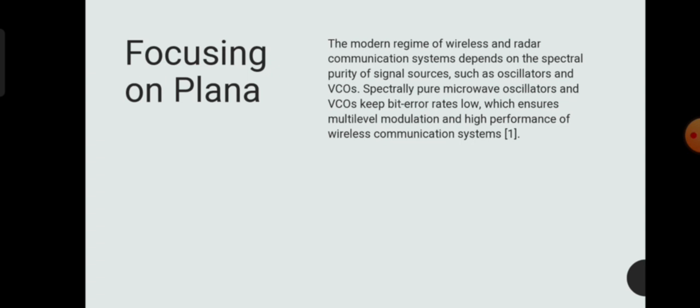Spectrally pure microwave oscillators keep bit error rates low, which ensures multi-level modulations and high performance of wireless communication systems.